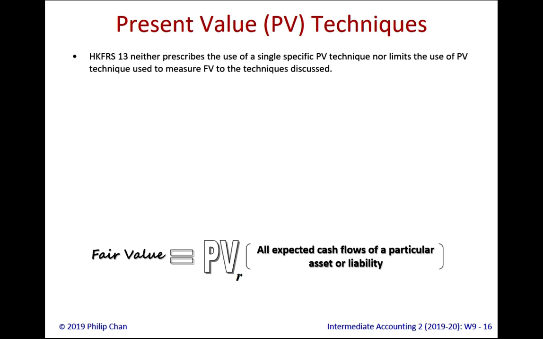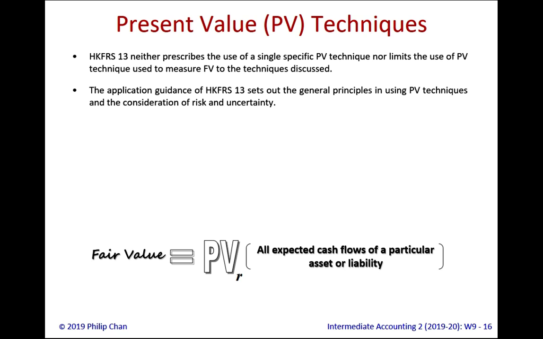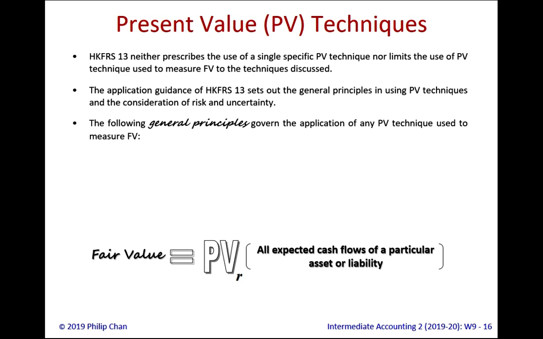Hong Kong FRS 13 neither prescribes the use of a single specific present value technique nor limits the use of the present value technique used to measure fair value to the techniques discussed previously. The application guidance of Hong Kong FRS 13 sets out the general principles in using present value techniques, also with the considerations of risk and uncertainty.